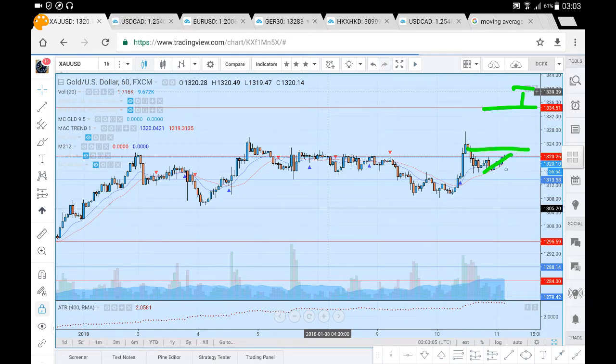If we do find resistance at 1320, we'll see our prices reacting around 1308, a break from which we're looking to see our prices reacting around 1305, where we do find support and buy side continuation, or a breakdown from which we're looking to see our prices reacting around 1296. Would we break down to 1296 from where we are at present?